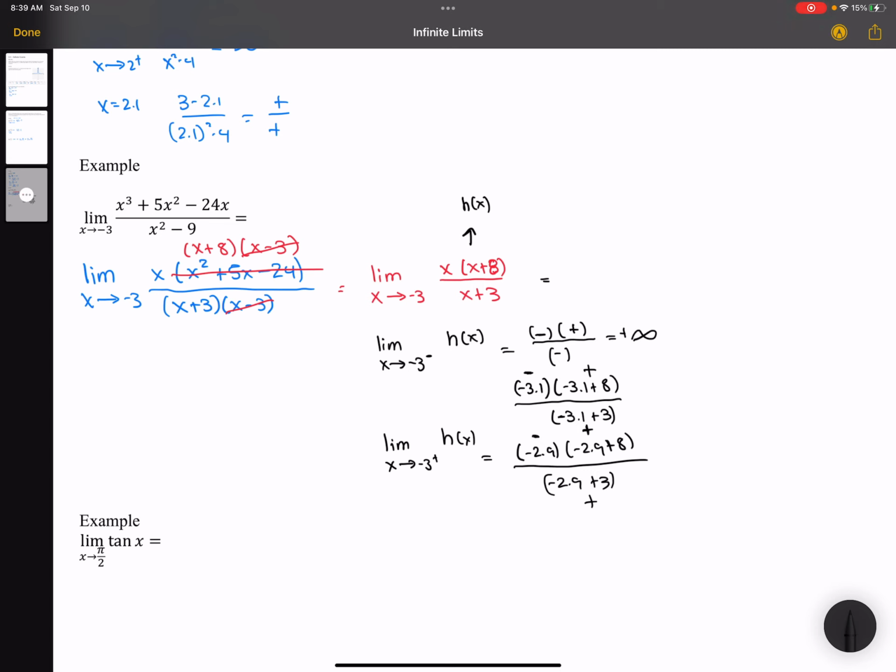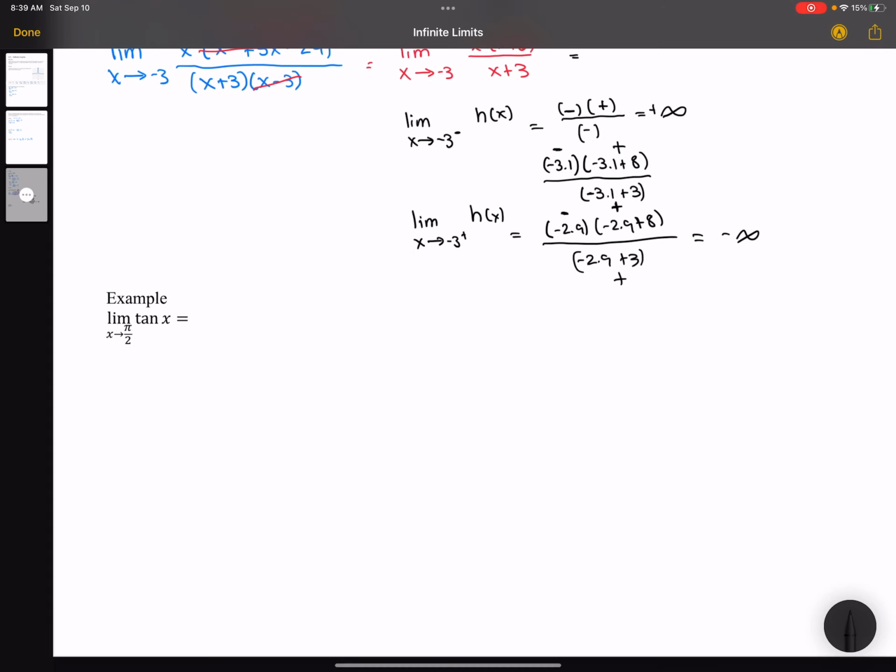So a negative times a positive divided by a positive is going to give us negative infinity. So this limit does not exist, again, because the left limit and the right limit are not the same thing.